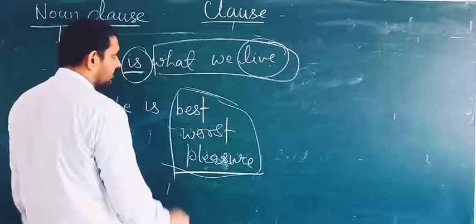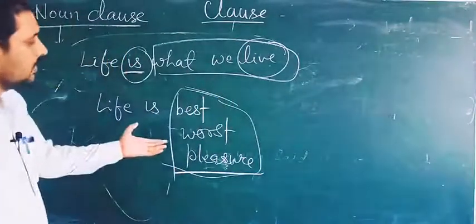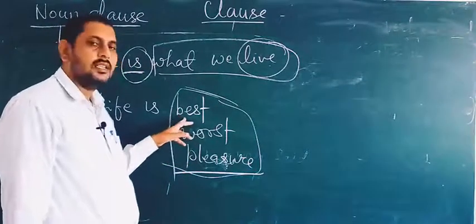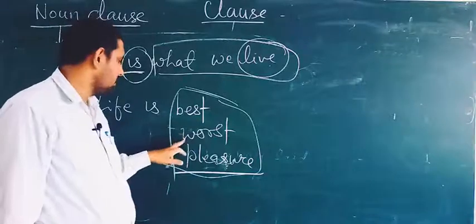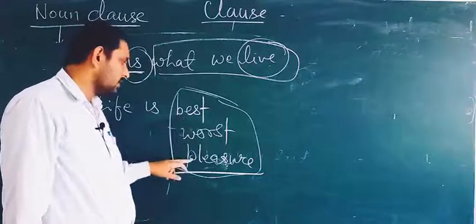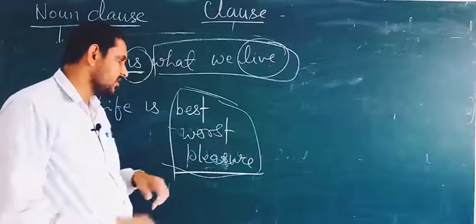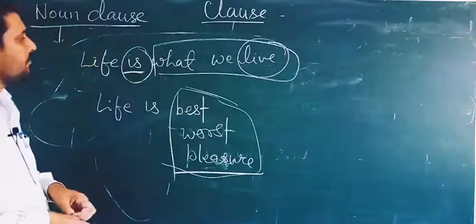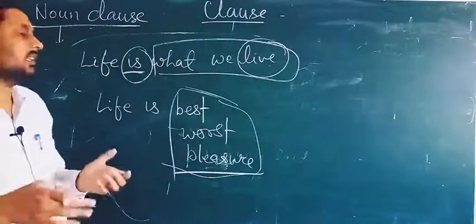Sometimes, okay, worst is not a noun, this is a word. The word last, pleasure, is a noun. But here, sometimes a noun can be used as an adjective.